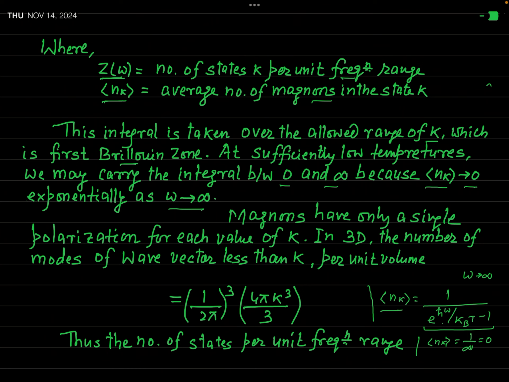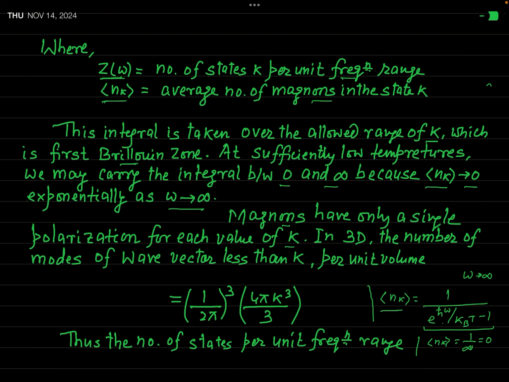Okay, and in that chapter, when you have discussed the lattice vibration, then you have seen a very important result which I have mentioned here directly. Actually, these magnons have a single polarization state, or you can say a single polarization for each value of k.